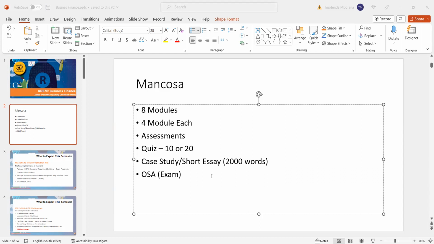Okay, someone says, what are the weightings for the assignments and for the exams? Okay, in terms of the weightings, please check your program and it has the correct weightings, but it's 40% weighting for the assignments and 60% weighting for the exams. So the quiz will have 20% weighting, the case study another 20% weighting, and then the exam will have the remaining 60% weighting.